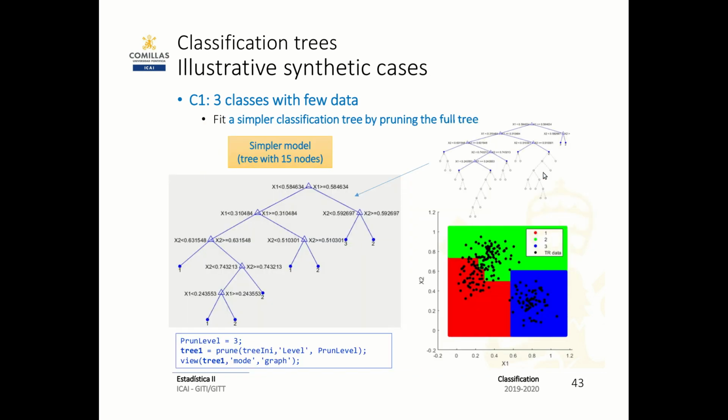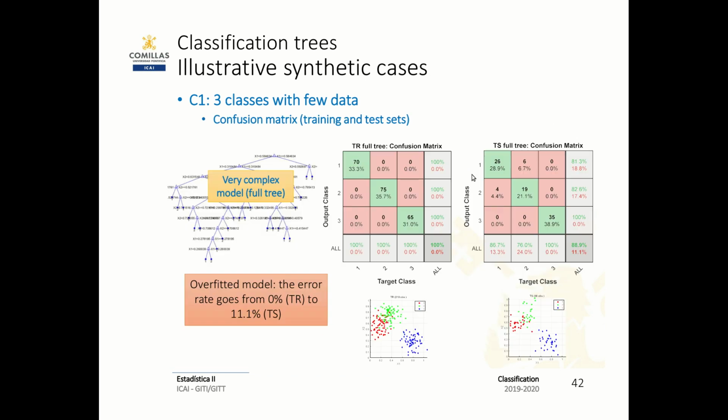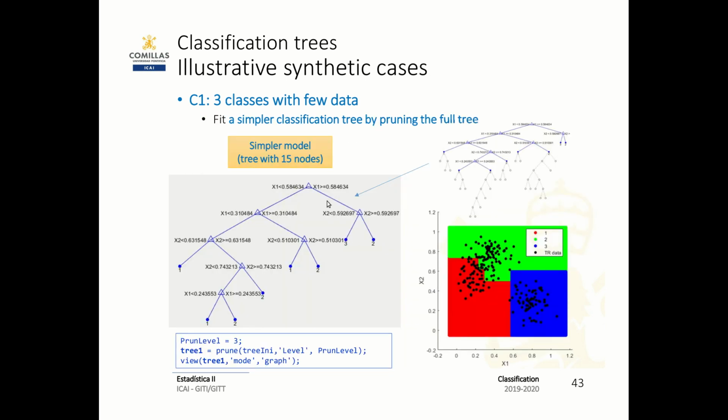calculate a simpler tree with just 15 nodes. This 15 nodes tree is a subgraph of the original more complex tree. So for the more complex tree, that is this one, we prune all these branches down here, and then we keep a simpler classification tree.